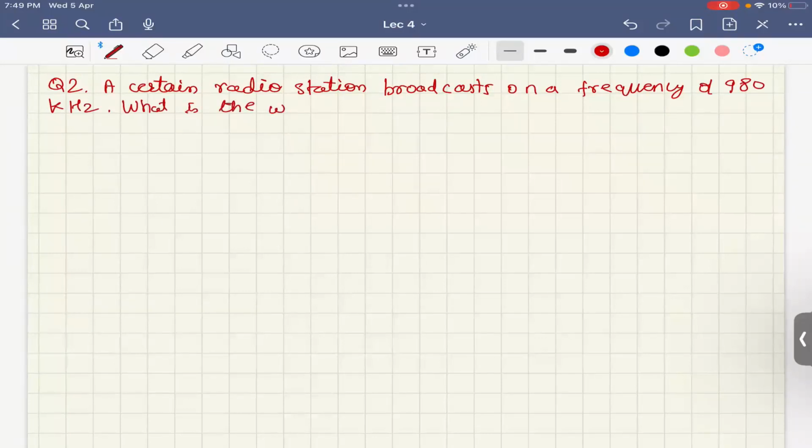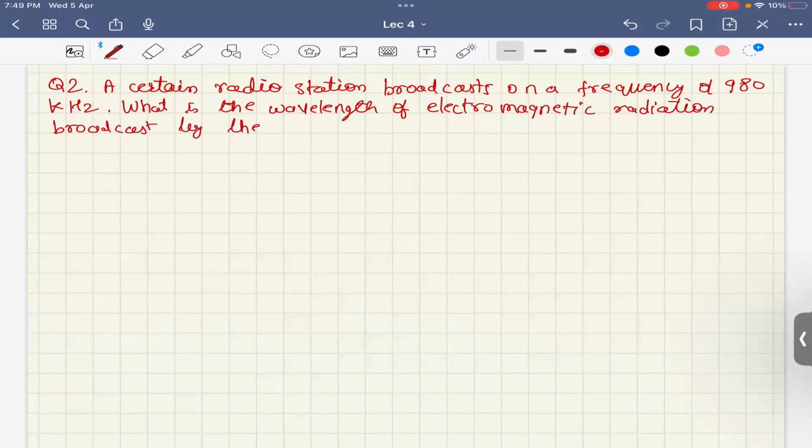What is the wavelength of electromagnetic radiation broadcast by the radio station, right?